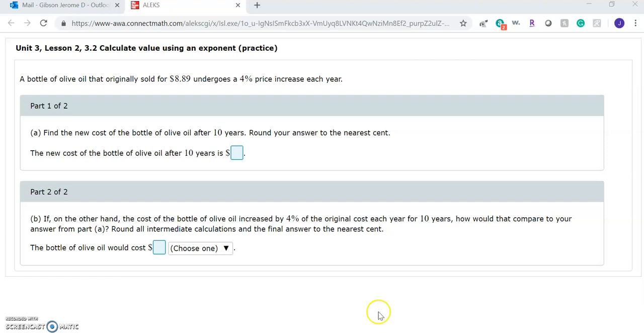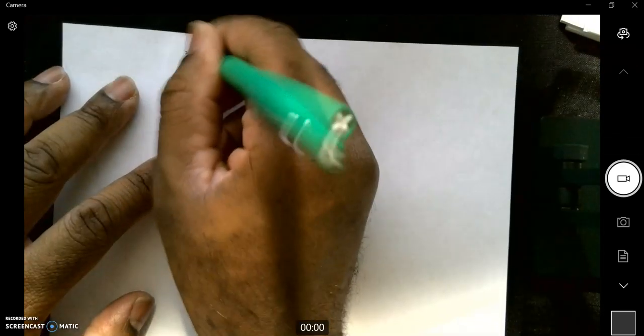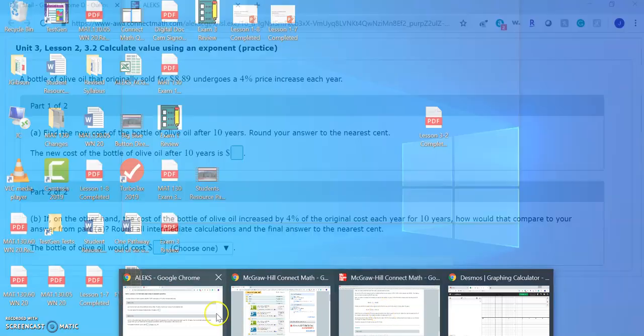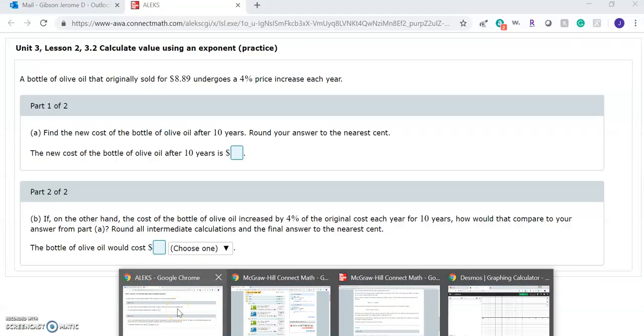Okay, I'm going to switch here between this screen and also my camera. Now, with this camera here, we know our original cost was $8.89. And it was a 4% price increase per year.